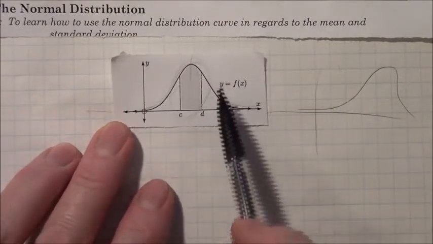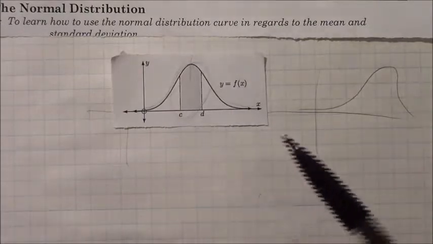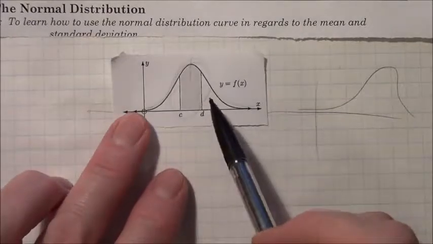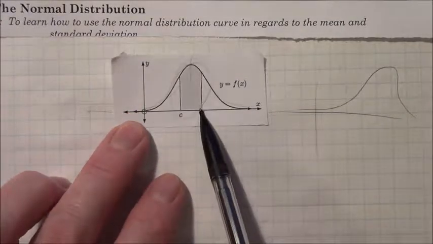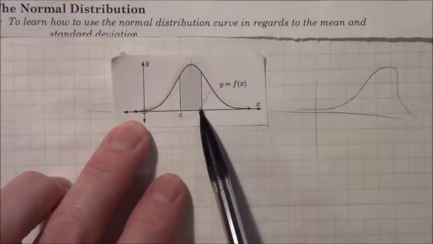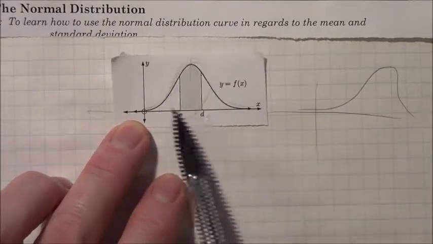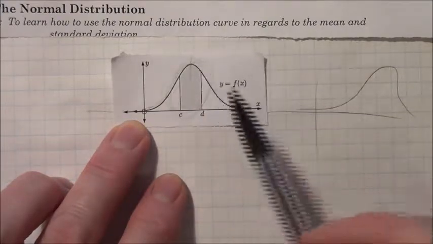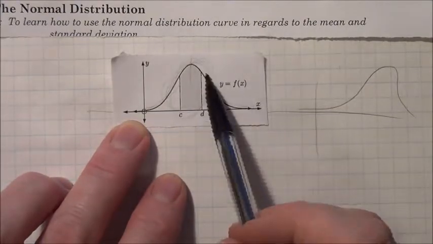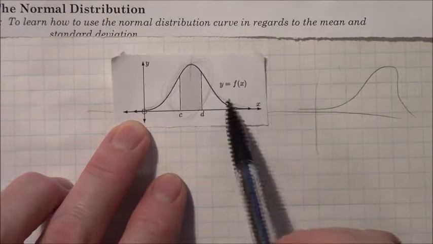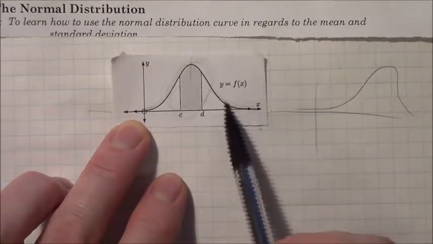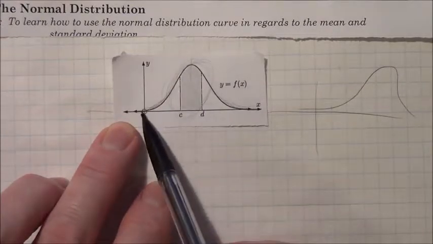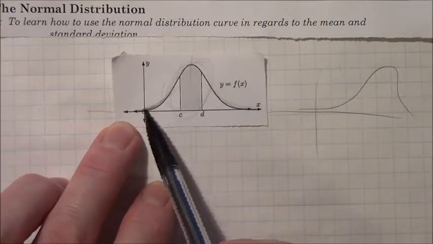So perhaps we take an example of the tail length of geckos. The majority of the tail lengths will be in a certain range, and then as certain geckos have longer tails, there are going to be fewer and fewer of those geckos, and on the other extreme, fewer and fewer geckos that have shorter tails.